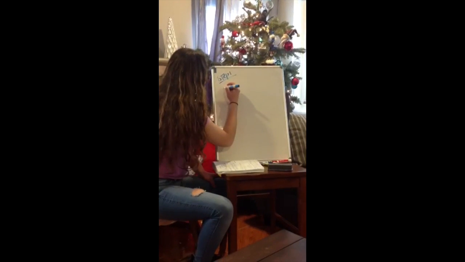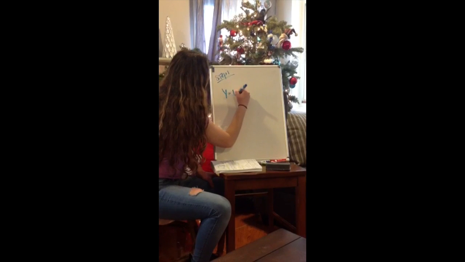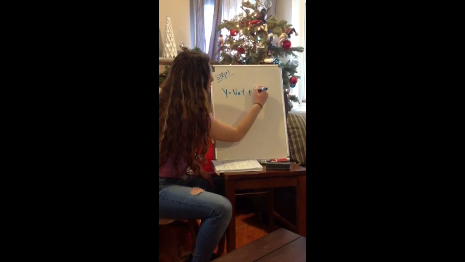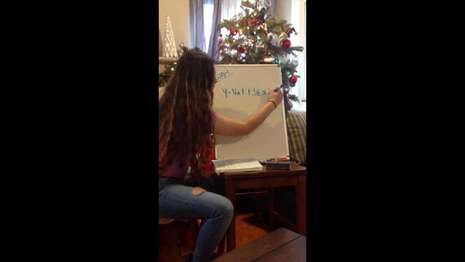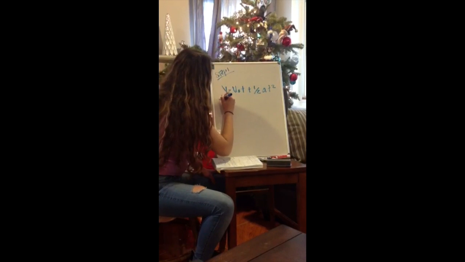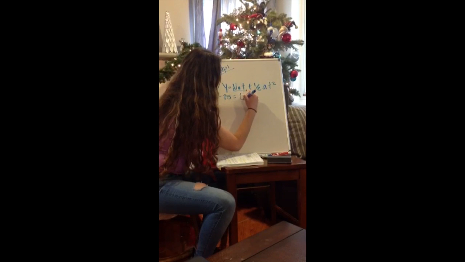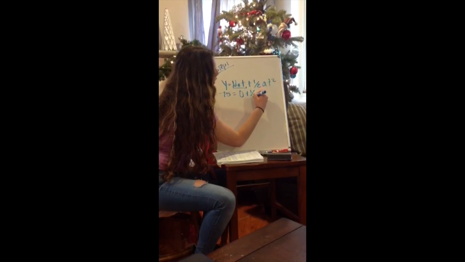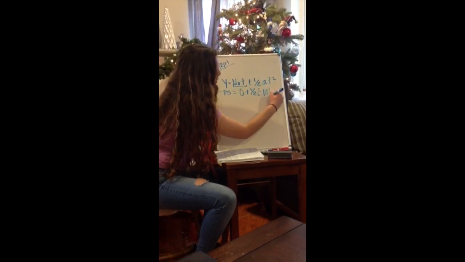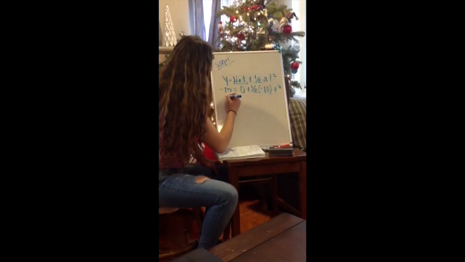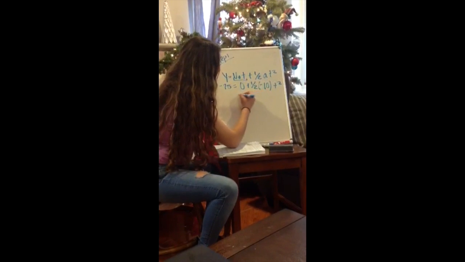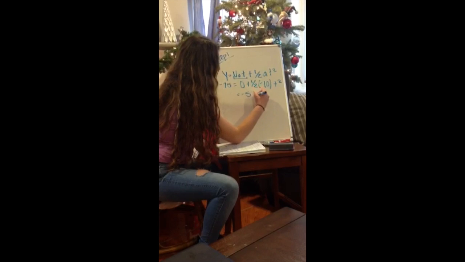To find time, you use y equals v naught t plus half at squared. -75, this part equals 0 because there's no velocity, so plus half, -10, times what we're solving for, t squared. Half of -10 is -5, times t squared.